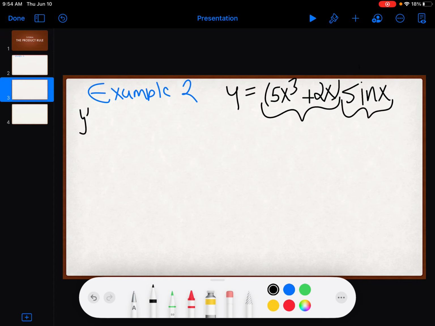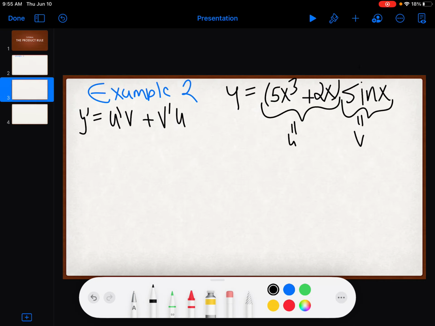We're going to say this is u, and we're going to say this is v. So let's write out our product rule then. So what is our product rule? Well, we take the derivative of u first, multiply by v, plus, now we take the derivative of v, and multiply it by u. So each function gets its own turn to have its derivative taken.